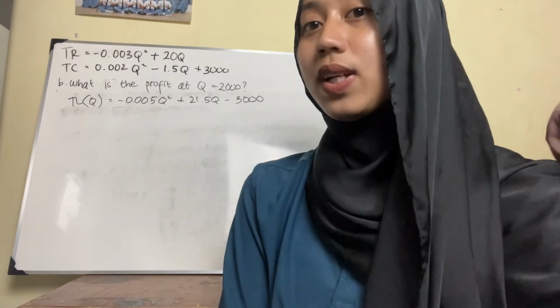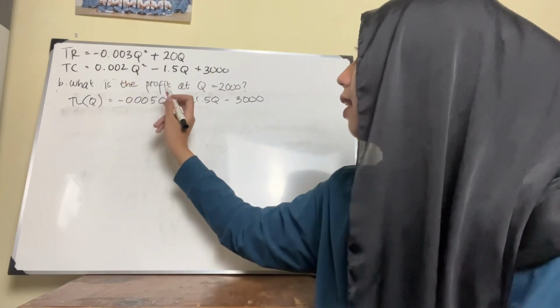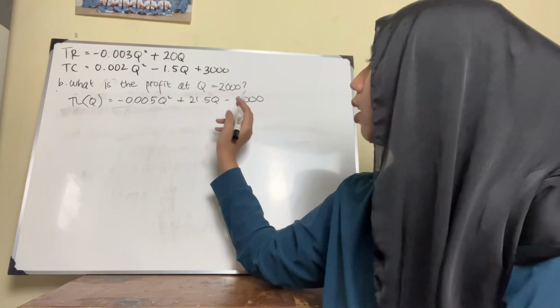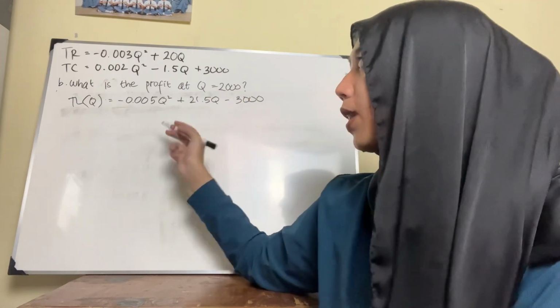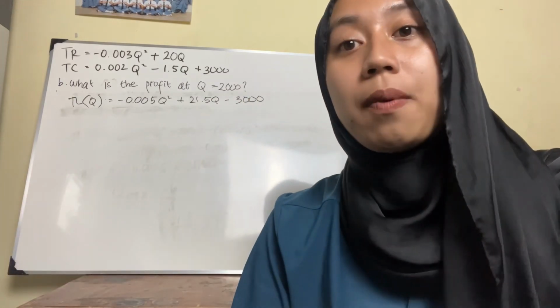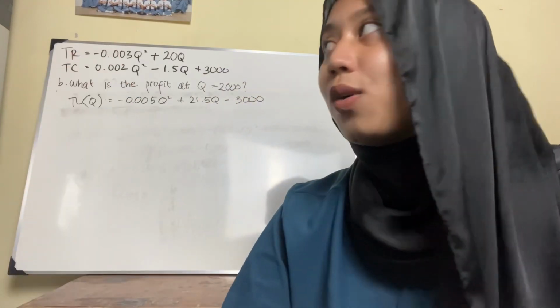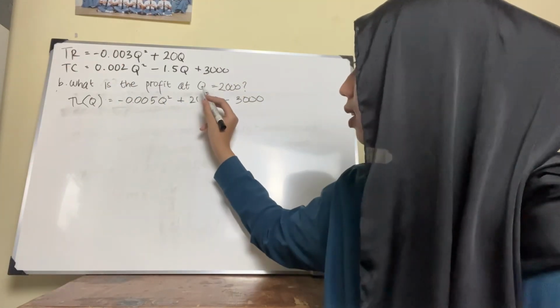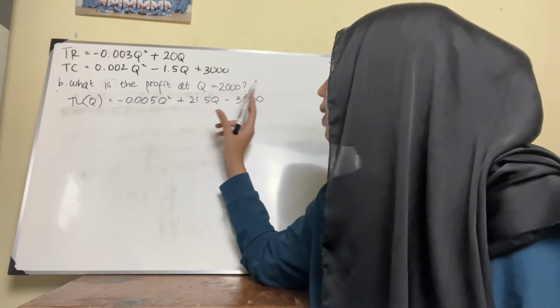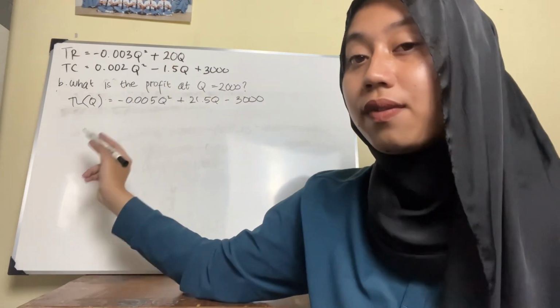Okay, the next question is what is the profit at Q equals 2,000? So to find the profit when 2,000 shirts are produced, we have to substitute Q equals 2,000 into the profit function.